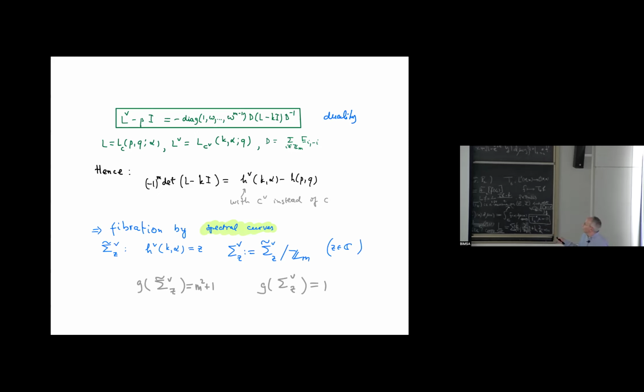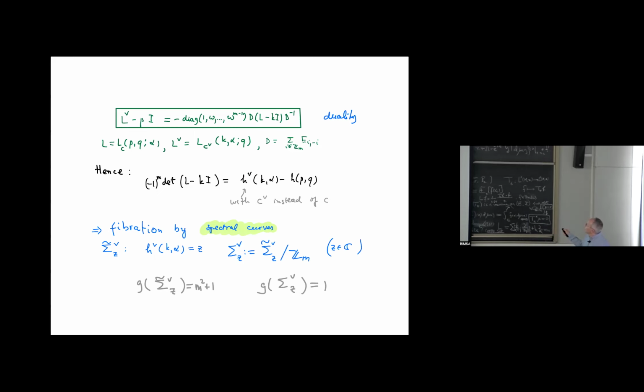But you have more than just this symmetry of these coefficients. From that, you can actually get some strange kind of duality at the level of Lax matrices. So what is written here is this duality at the level of Lax matrices. Here's my original Lax matrix.